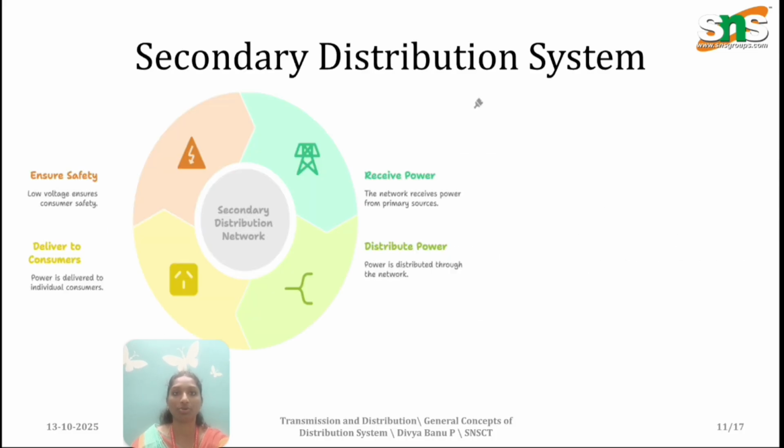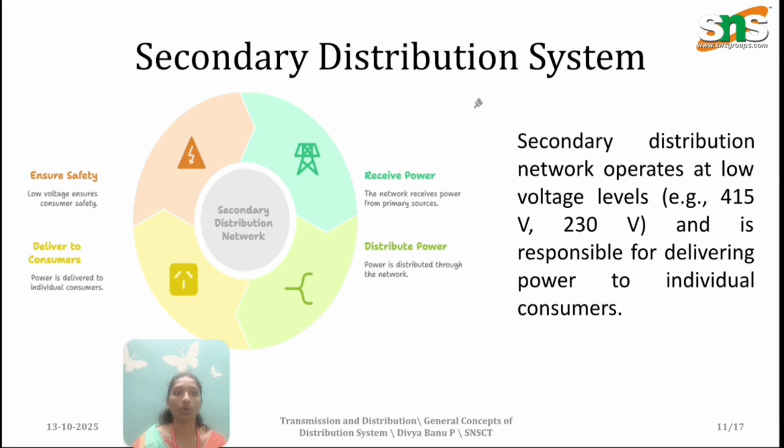In secondary distribution, the voltage levels are 415 volts or 230 volts, based on three phase or single phase supply, and it is responsible for delivering to individual consumers. So primary distribution is responsible for transfer, whereas secondary distribution supplies the individual consumers. The secondary distribution network ensures safety, delivers to the consumers, receives power and also distributes power. These are the four main parameters of the secondary distribution system.